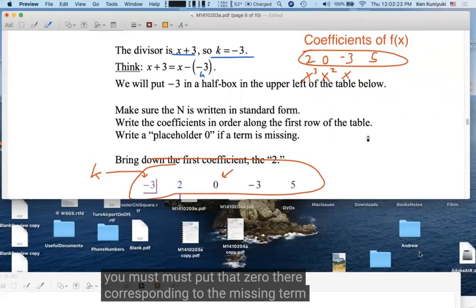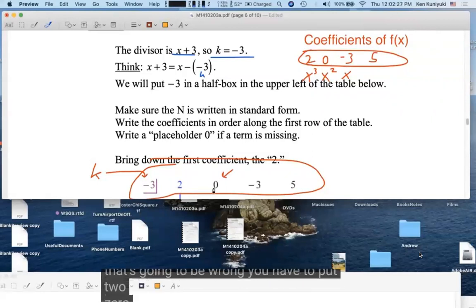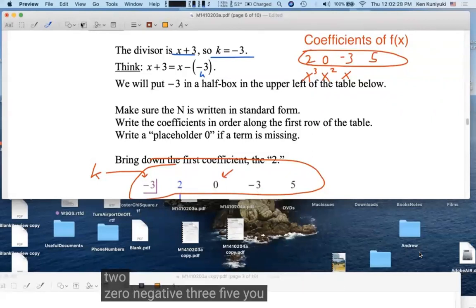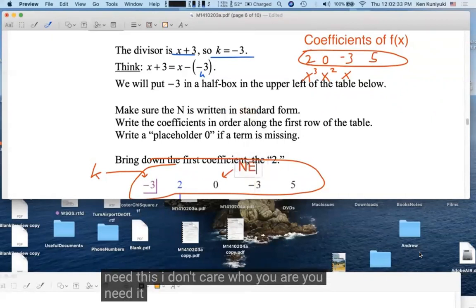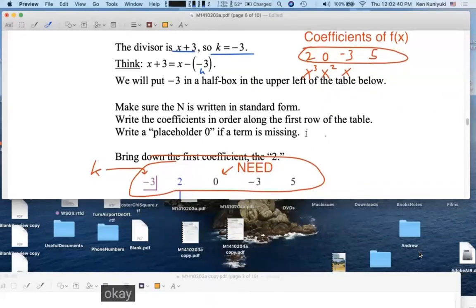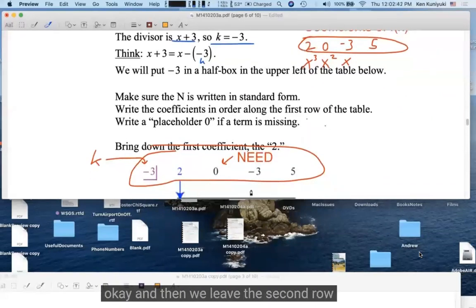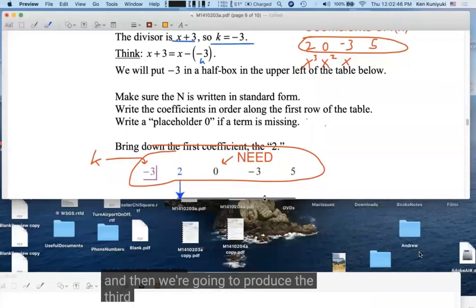If you put 2, negative 3, 5, that's going to be wrong. You have to put 2, 0, negative 3, 5. You absolutely need this. I don't care who you are. You need it to show your work. Okay, and then we leave the second row blank for now, and then we're going to produce the third row.